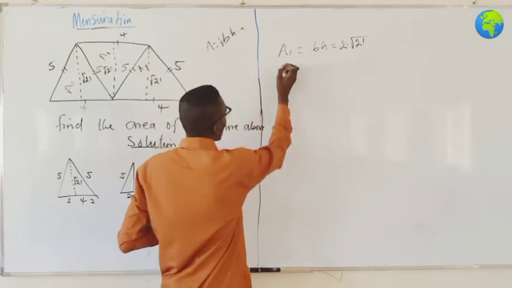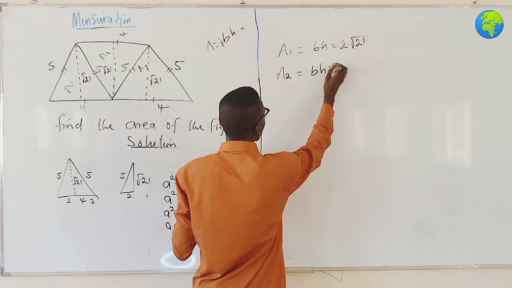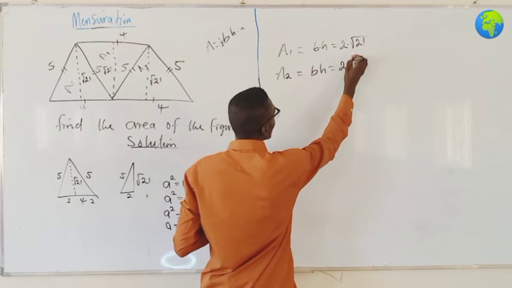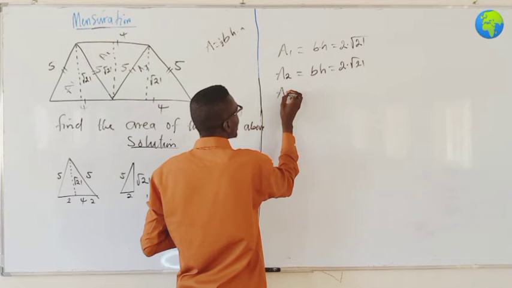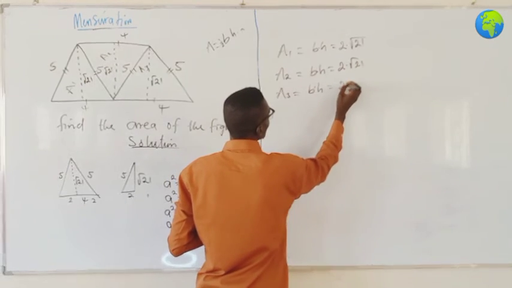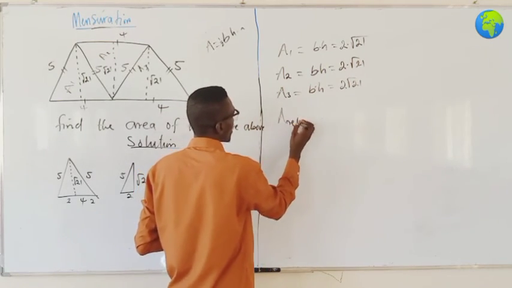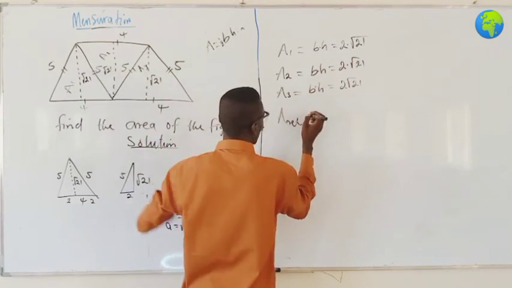That's for A1. How about A2? A2 is still base times height, which is also 2 square root of 21. A3 is going to be B times H, which equals 2 times square root of 21. So what is our A net? Let me just say A total, the area of the whole figure.